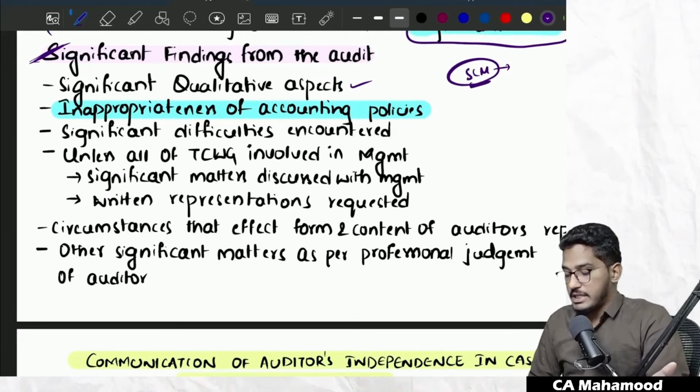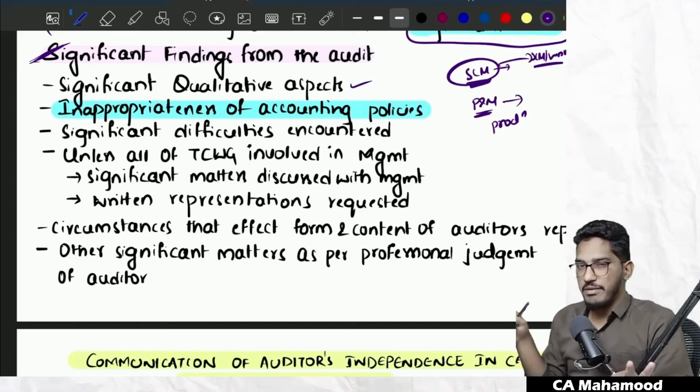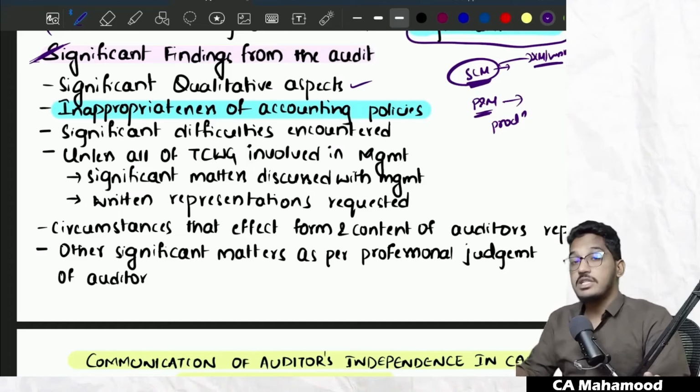For that kind of plant and machinery, the production units method will be more appropriate. But what the management is doing, as per the applicable financial reporting framework, they are following either SLM or WDV. So whatever accounting policy your client is following, even though it is accepted as per the applicable financial reporting framework, it is inappropriate. If you have such observations, inappropriateness of accounting policies, you go and communicate that also.